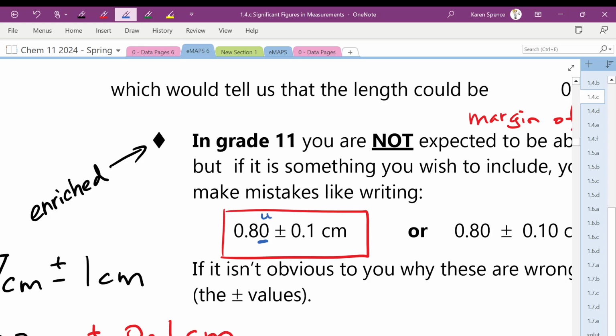But what position is that 0.1? The tenths. So if you do choose to record an uncertainty, you have to match your uncertain digit with your uncertainty. They have to be the same position. Okay? These must be the same position.